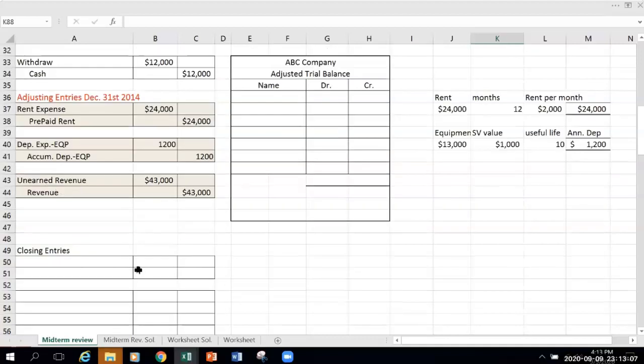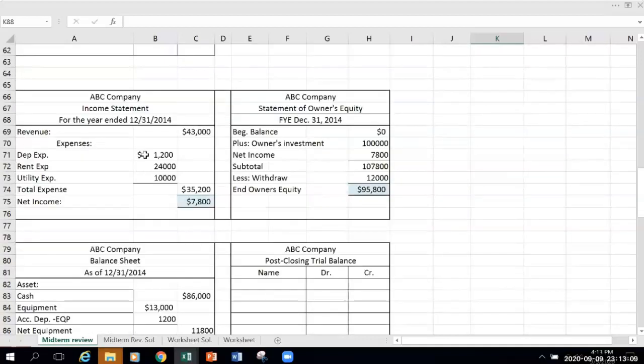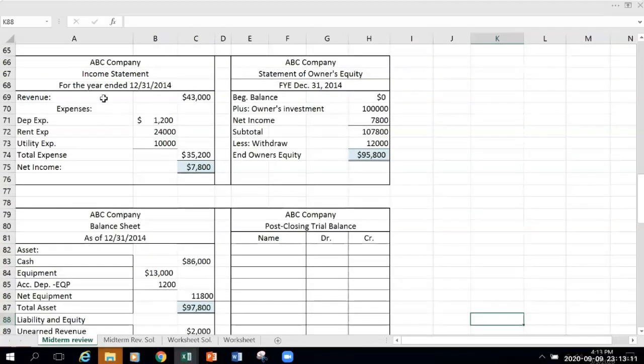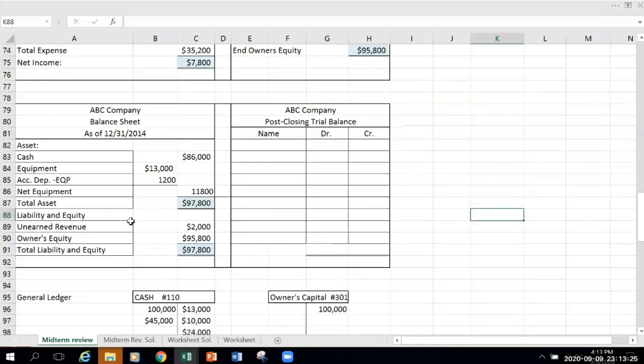Then using the general ledger, we created all these numbers. Income statement is 7,800, which is exactly what my worksheet is showing. Owner's equity at the end of the year shows 95,800. And my balance sheet shows 97,800 total asset, which equals liability plus equity.